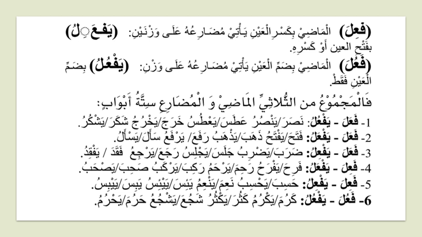So the present tense will only take that one form, right? It wouldn't be yansuru. No. The past tense will have only one present tense. For example, ذهب will always be يذهب. It will always be on the scale يفعل. It won't go to another scale. However, you might find the same root letters in another scale outside the 3.